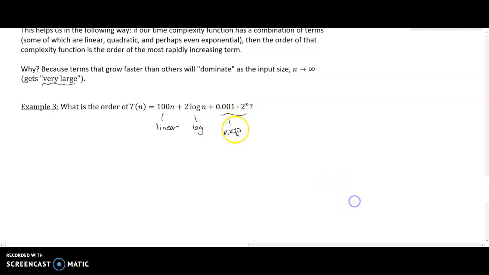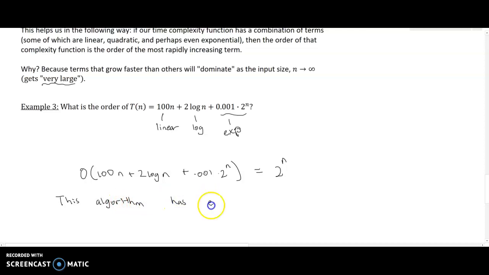And so in the worst case scenario, the order of 100n + 2 log n + 0.001 × 2^n, the order of this whole thing is 2^n. That is, we can describe this as follows. This algorithm has exponential order.